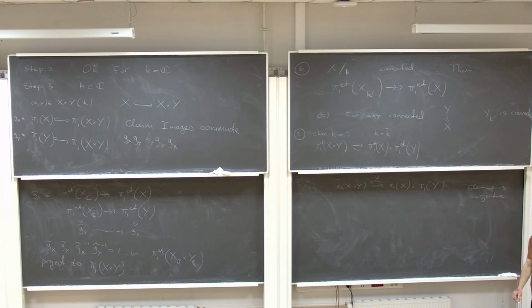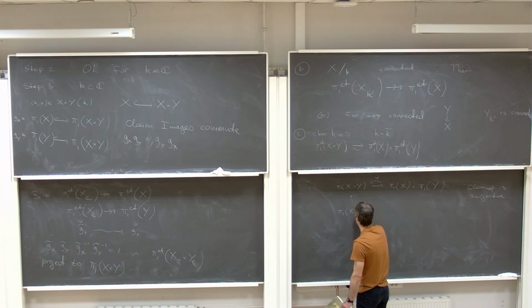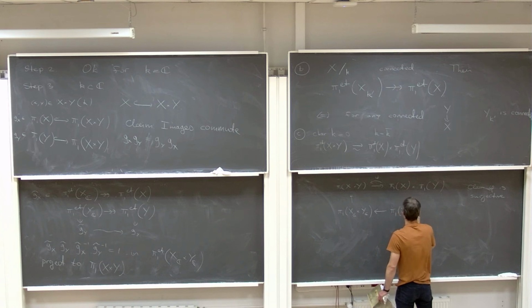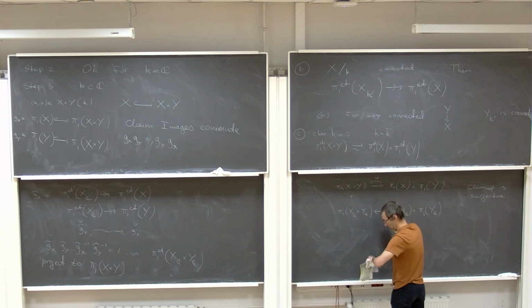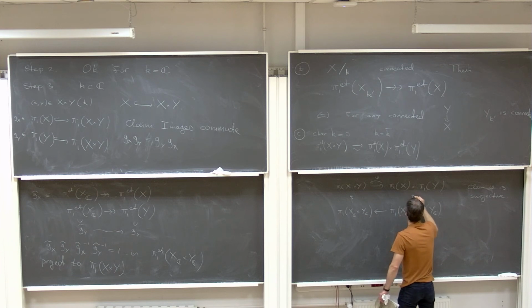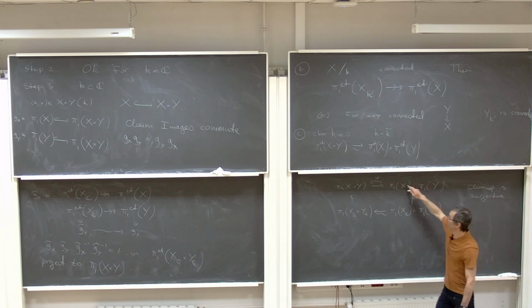This will prove that both maps are isomorphisms, mutual inverses. The surjectivity follows from the following diagram. Again, you do the base change, and you have this map, this is surjective, this is surjective, and this is an isomorphism. So by diagram chasing, you get that this map is surjective.